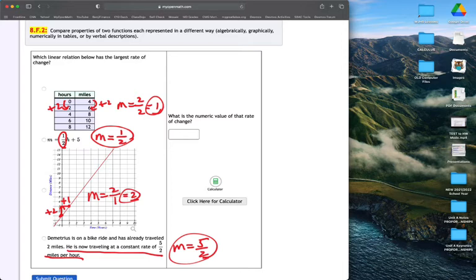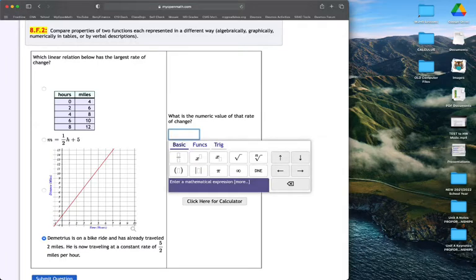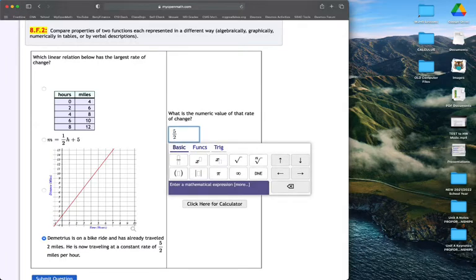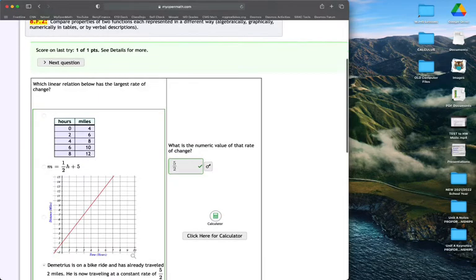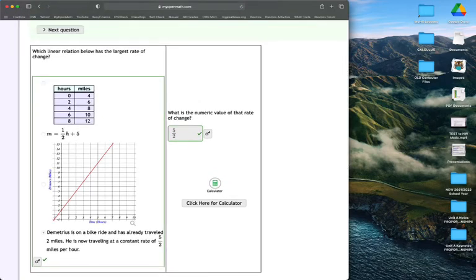So that means that it is the context which has the largest rate of change, and that happens to be 5/2. So let me take off my writing there. And this, of course, like many problems, rotates between, it could be the table, it might be the equation, it might be the graph, or it might be the context.